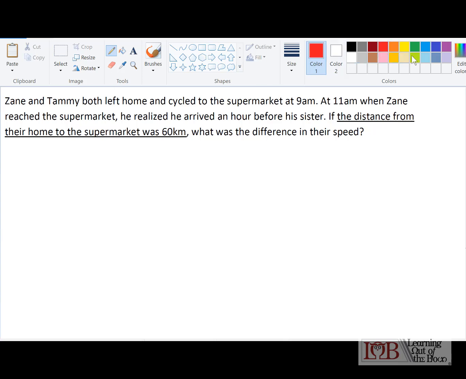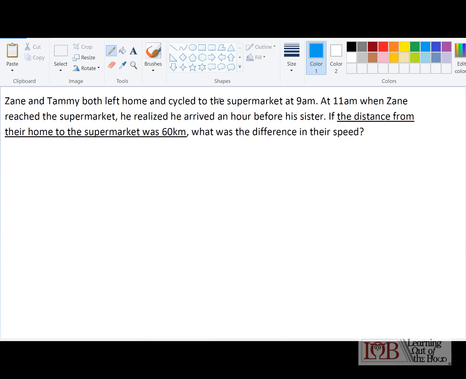Okay, so let me use blue. Okay, so Zen and Tammy both left home and cycled to the same supermarket at 9 a.m. And you can see that in this case, this is the first clue to know that they are actually traveling the same distance. At 11 a.m., when Zen reached the supermarket, he realized he arrived an hour before his sister.